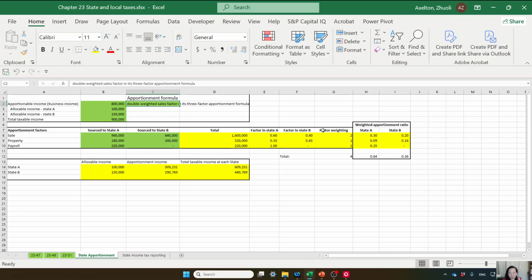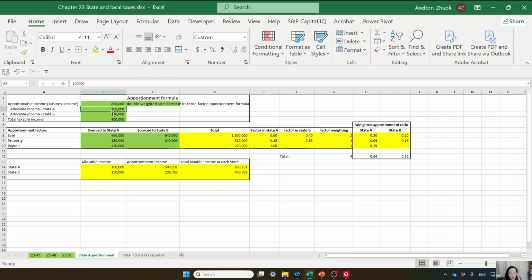The formula, depending on the state, is either a three factor average, or a double weighted sales factor in the three factor. In this case, we're saying the double weighted sales factor, meaning we apply a double weighting on sales rather than an equal three factor. Some states may use a single factor. So the apportionment formula is really a description of the weighting on the three factors.